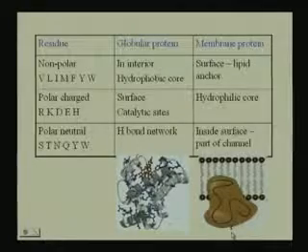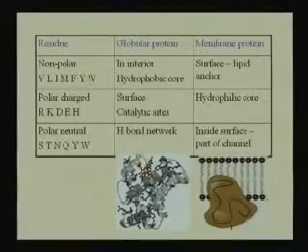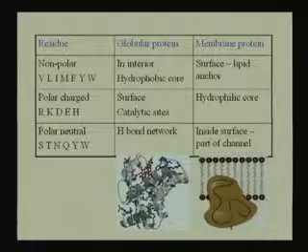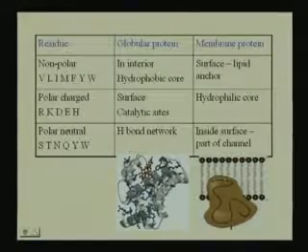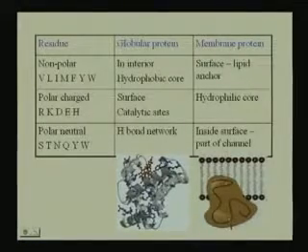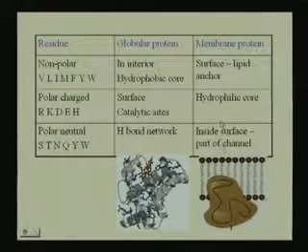And if you are to transport, say, sodium ions or potassium ions, would it prefer a hydrophilic environment or a hydrophobic environment? It would prefer a hydrophilic environment. So, it makes sense that the inside surface of the lipid has this pattern of hydrophilic amino acid residues that are eventually going to allow the transport of ions from the inside to the outside or from the outside to the inside.